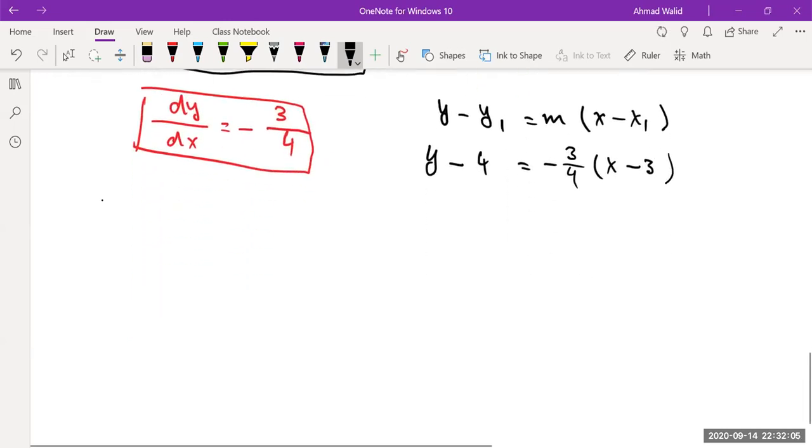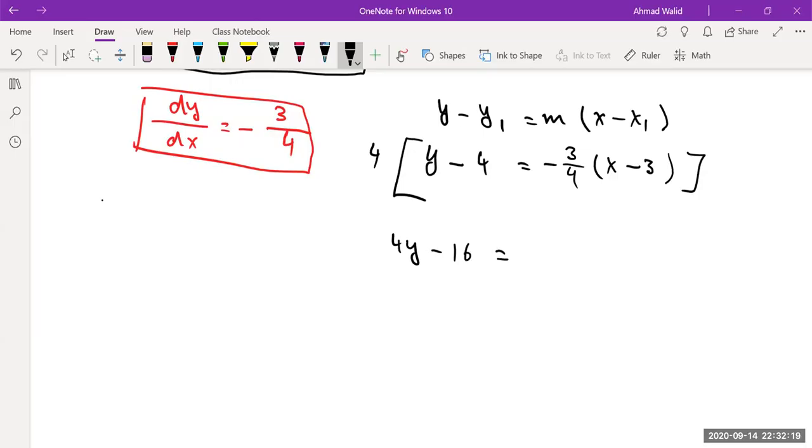The rest is algebra, right? Simplify. You can multiply everything by 4 to make it easy. Multiply both sides by 4. It gives you 4y minus 16 equals, 4 cancels out with 4, negative 3 times x minus 3. 4y minus 16 equals negative 3x plus 9.